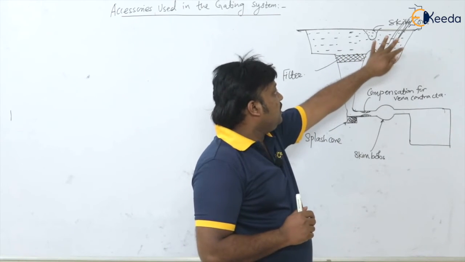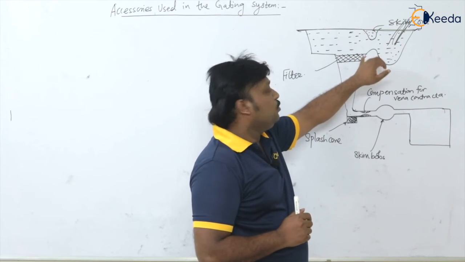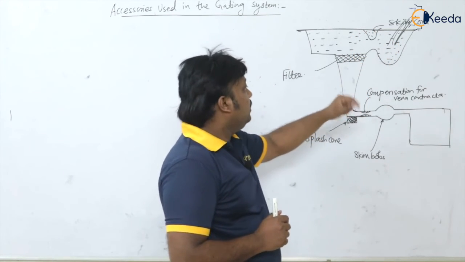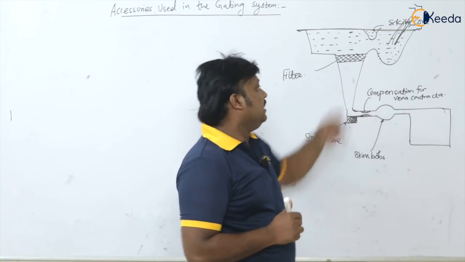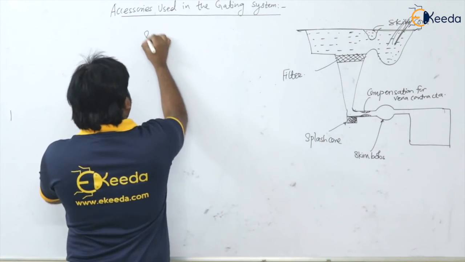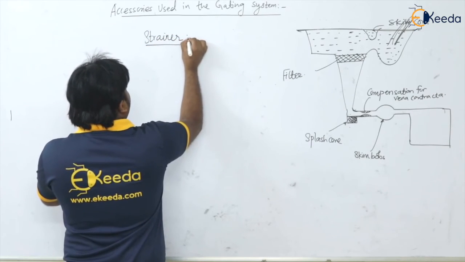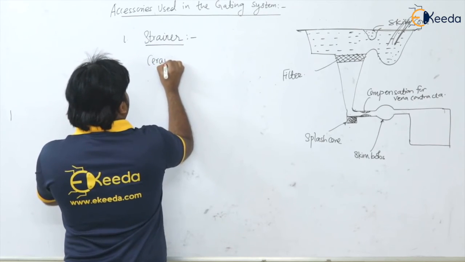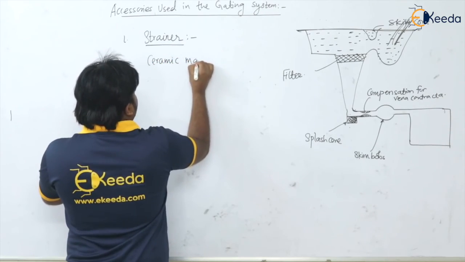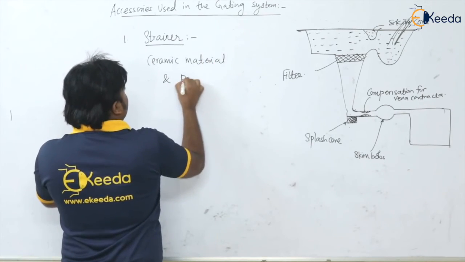So when the molten metal passes from this basin lower down to the sprue, we are having the filter, or this is also known as the strainer, which is made up of ceramic material and which is porous in nature.